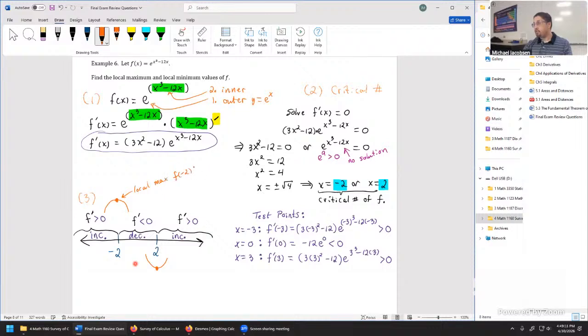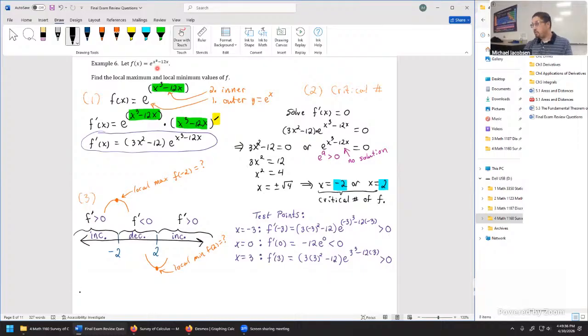Is f at -2. We just need to come up with a number. The local min is going to be f at +2. Just need the number. So that's what this number line is providing for us. So at this stage, we're just going back to the very original.